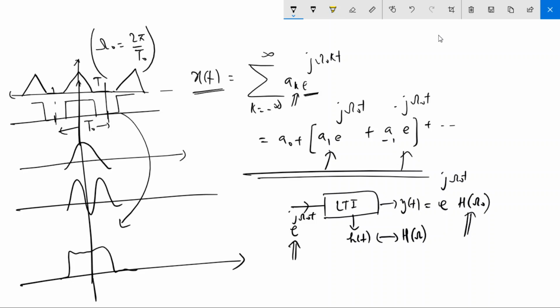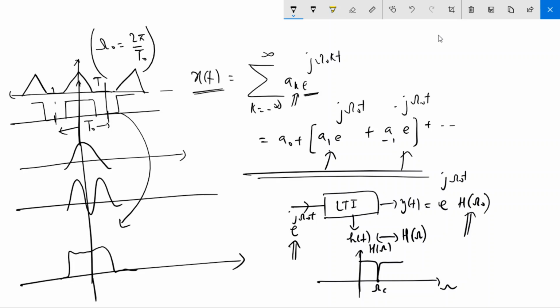So for a purely complex exponential, the output is the same exponential multiplied with the frequency response of the system at that particular frequency. What it means is, suppose I have a system like this, and my frequency response is like this, with a null point or zero at omega c.